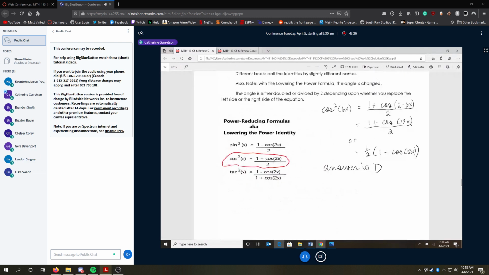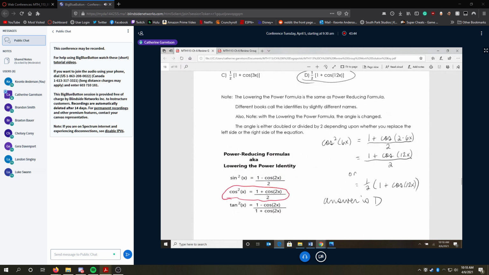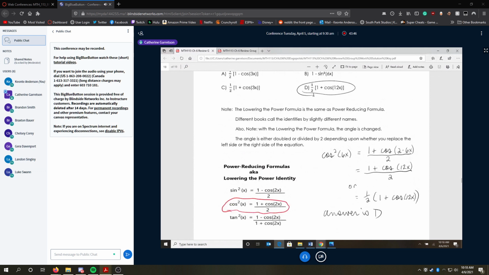So coming over here, we can replace this by saying 1 plus the cosine of 2 times the angle, which is 12x. Or that dividing by 2 can be written in front as a 1/2. So either one of these are equivalent statements. And notice they put the 1/2 in the front on this one.